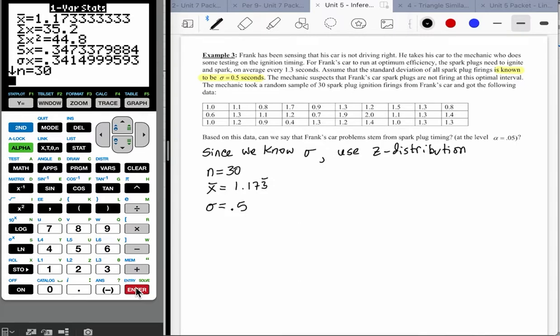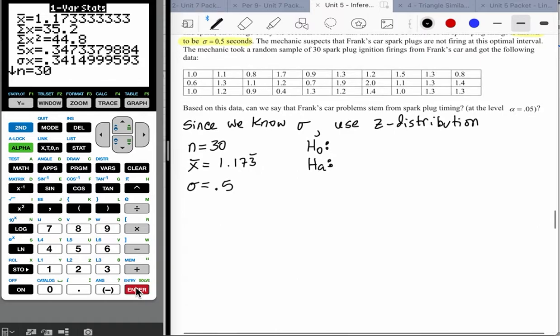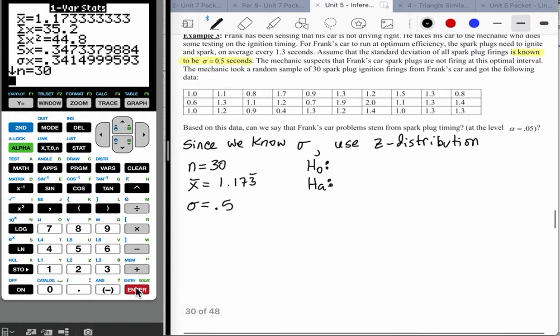All right. So we need a set of null and alternative hypotheses. The null would be the case that there is no difference between what the population mean was before and what it is now, right? So it's saying that it should fire off every 1.3 seconds.